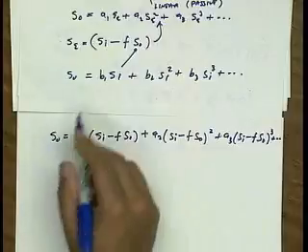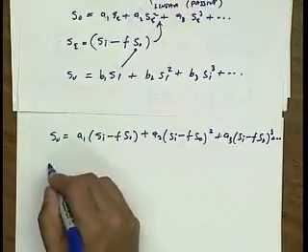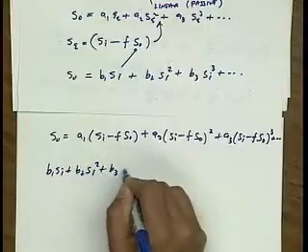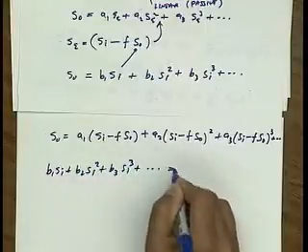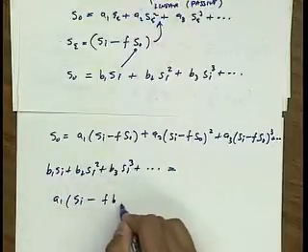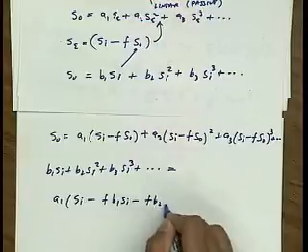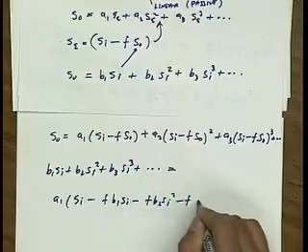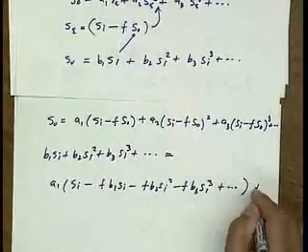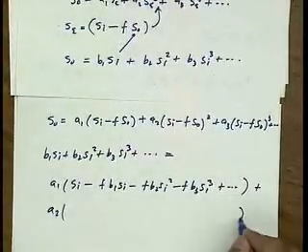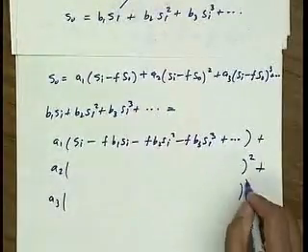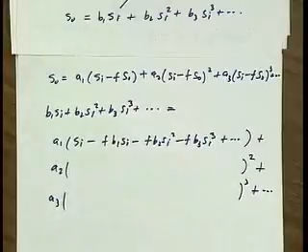If I do that, on the left-hand side I'll have B1 S input plus B2 S input squared plus B3 S input cubed, equal to A1 times (S input minus F B1 S input minus F B2 S input squared minus F B3 S input cubed), plus A2 squared, plus A3 cubed, and then we'll stop there.